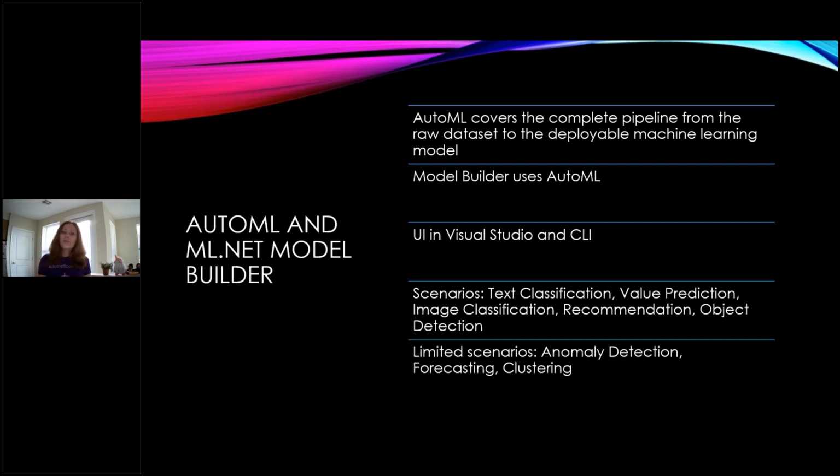They also support limited scenarios like anomaly detection, forecasting, and clustering. They again have good examples right in Visual Studio. So when I show you the screen, you'll see that there are lots of different options there for you to try and to learn more about all those scenarios.